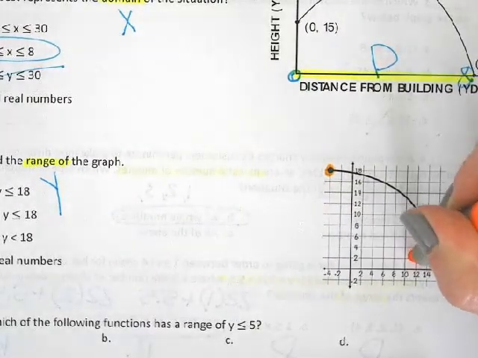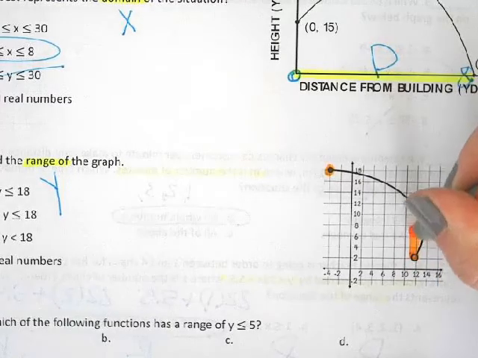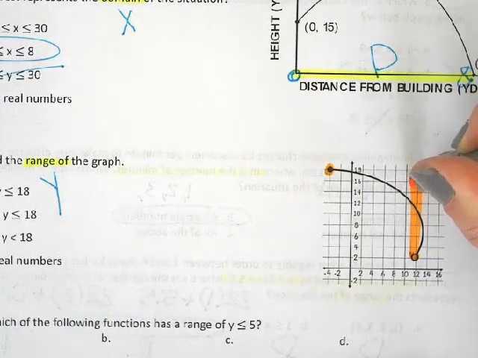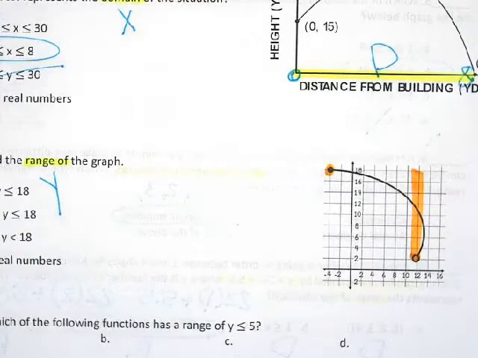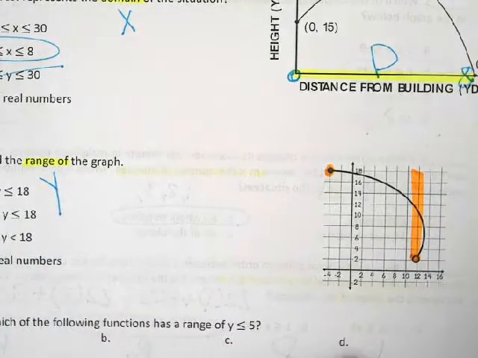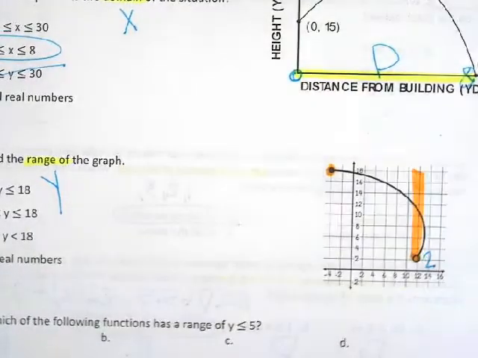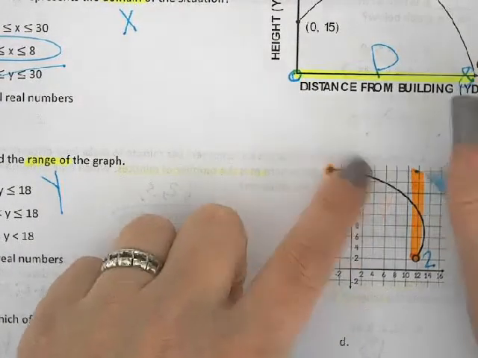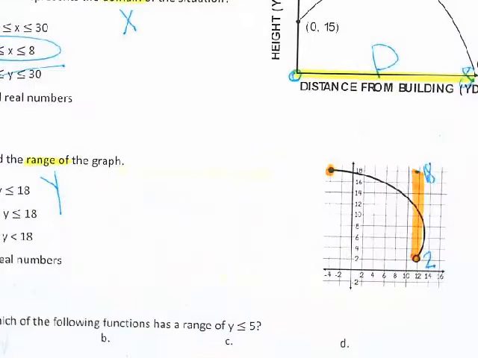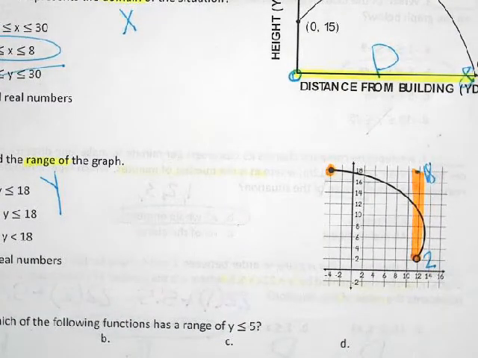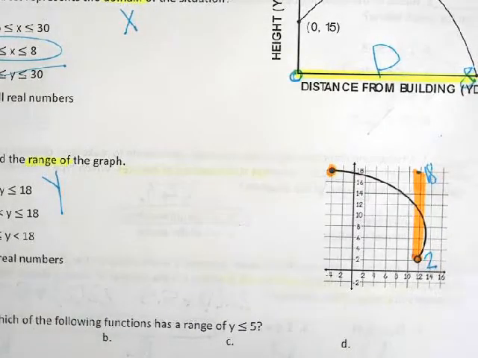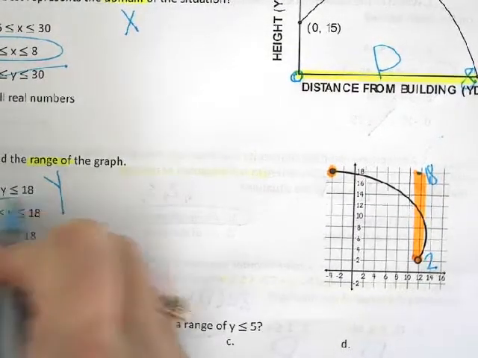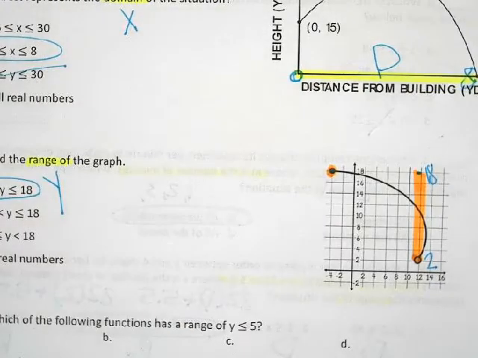My minimum is at 2, but it's not included because that's an open circle, and it goes all the way up to 18. So it's from 2 to 18, but it's not including 2. So your choice is A.